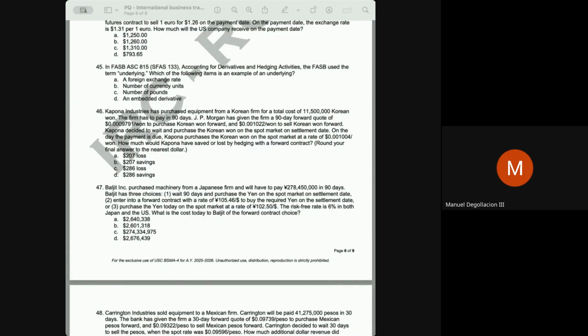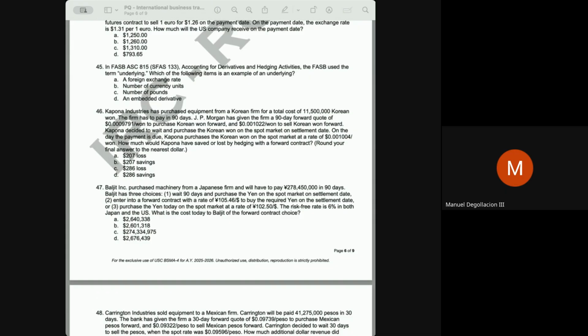Had it entered into a forward contract, it would have only paid... So you're going to be purchasing won. So you will be using the 0.000971 and not the 0.001022.